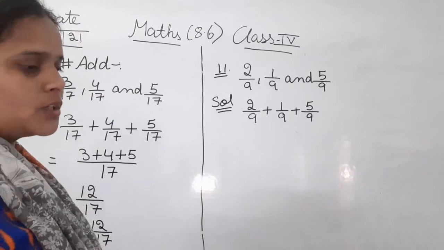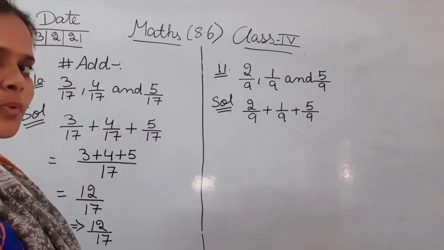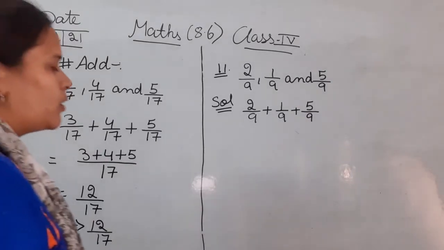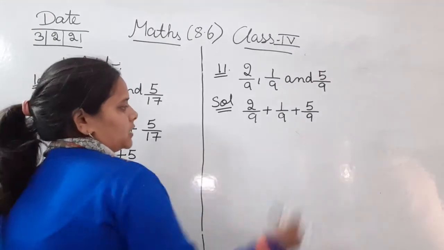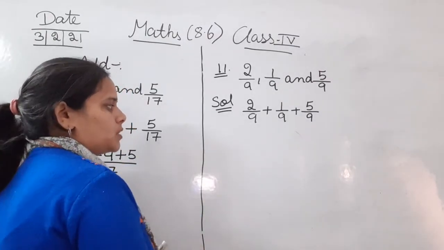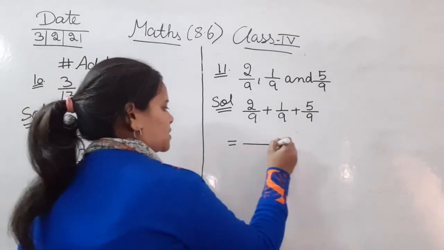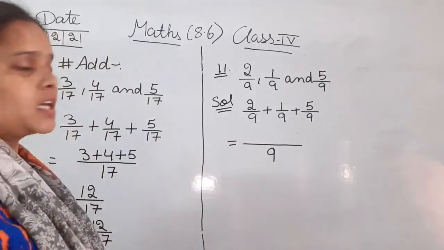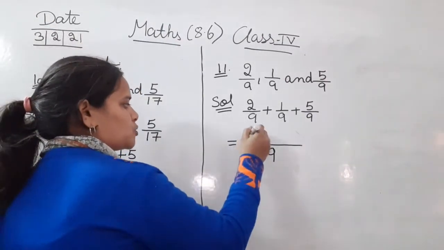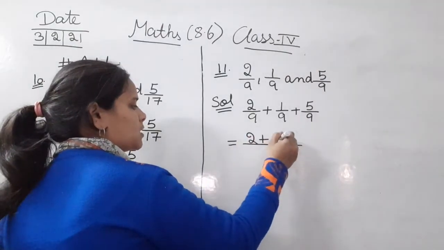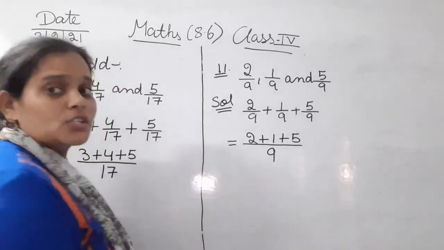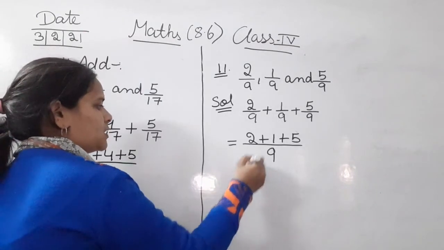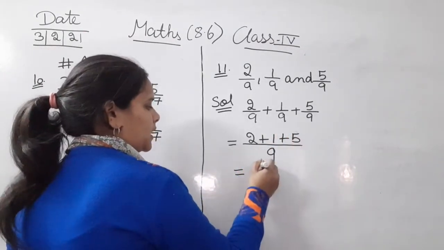Now we are going to add these three fractions, 2 upon 9, 1 upon 9 and 5 upon 9. As we can observe, these three are like fractions because they have the same denominators. So we will take the common denominator, that is 9. Now add the numerators, 2 plus 1 plus 5. 2 plus 1 is 3, 3 plus 5 is 8.